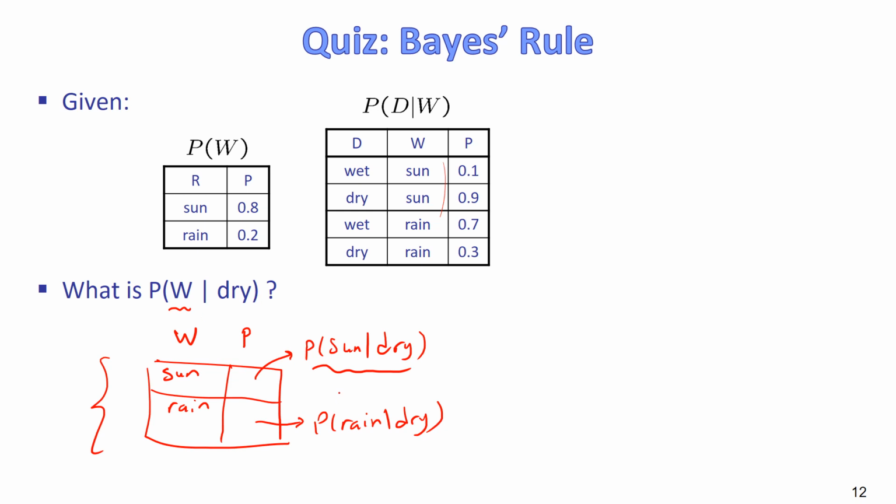How can we compute each of these probabilities? Remember, Bayes rule says that probability of A given B is equal to probability of B given A, which is the reverse conditional probability, times probability of A divided by probability of B. Can we use this rule to compute these two probabilities? Let's start with the first one. How can we apply Bayes rule on this one?